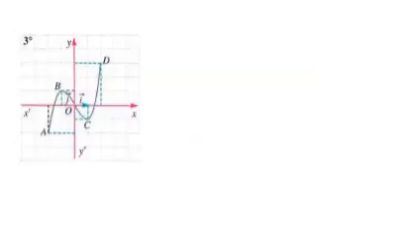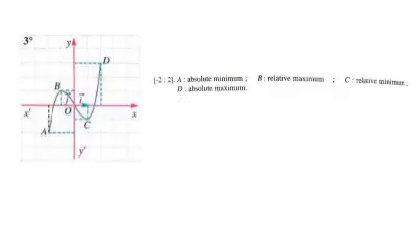Now, in the third one, first of all, the interval is from -2 till 2. Then at A, we have an absolute minimum. At B, we have a relative maximum or local maximum. At the point C, we have a relative minimum, and at the point D, we have an absolute maximum.